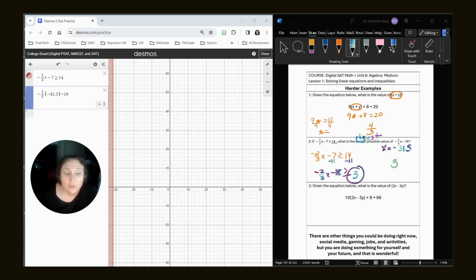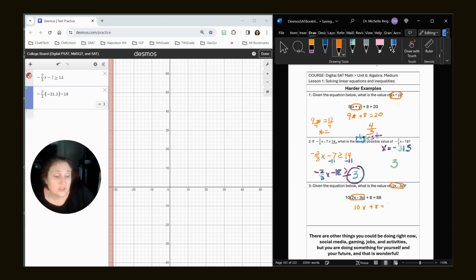All right, given the equation below, what is the value of 2x minus 3y? This is another example of what we did at the top. This says 2x minus 3y. This says 2x minus 3y. So I'm just going to put 10x plus 8 equals 88. Don't get confused that there's x twice.